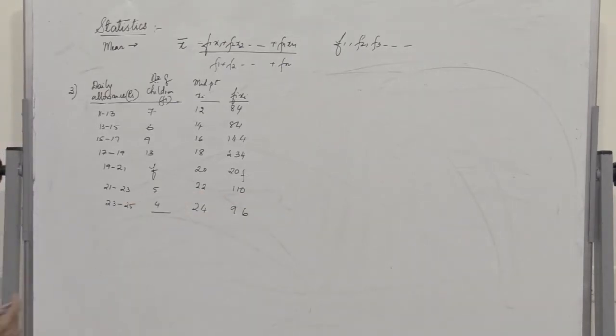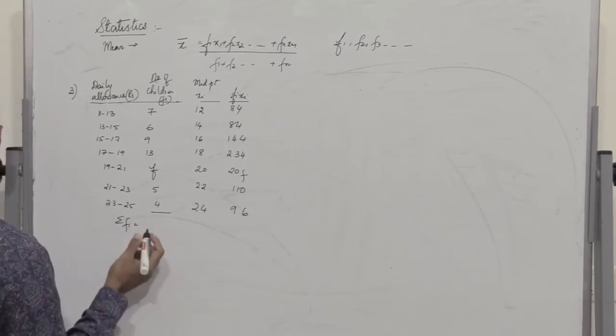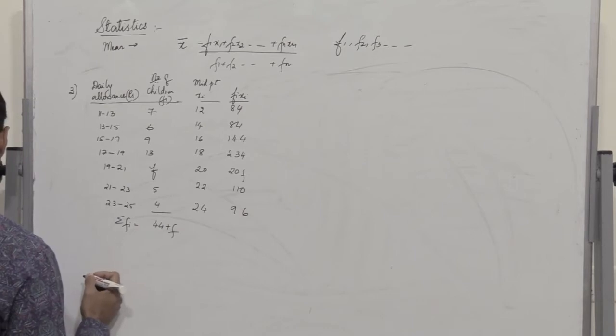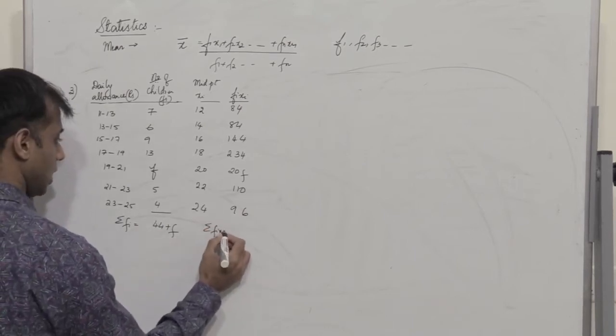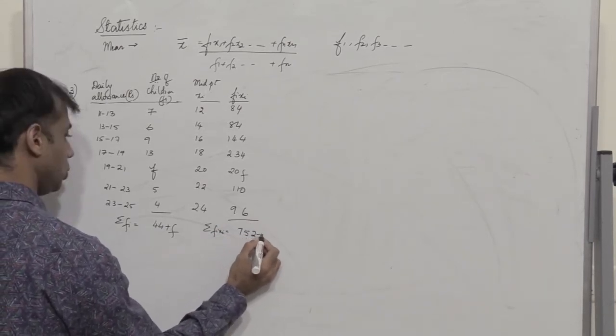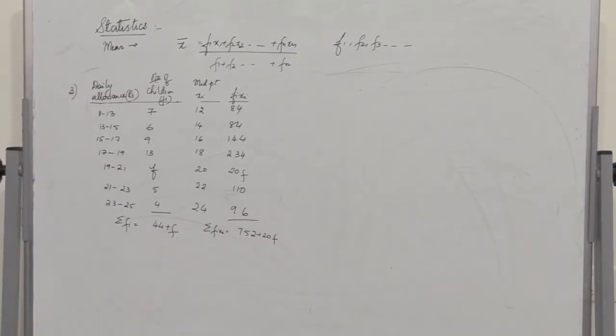So how many children are there? Therefore summation fi is 44 plus f, and then summation fi xi is 752 plus 20f. Right? Now what has been given in the problem?